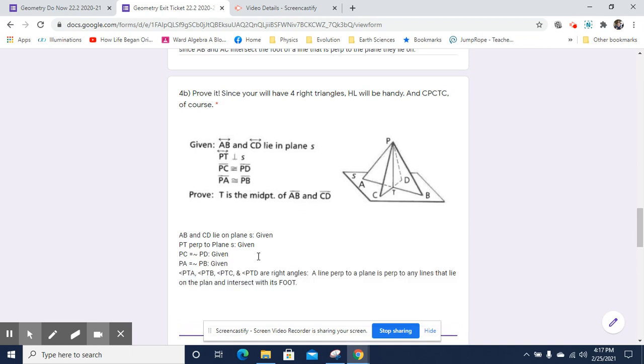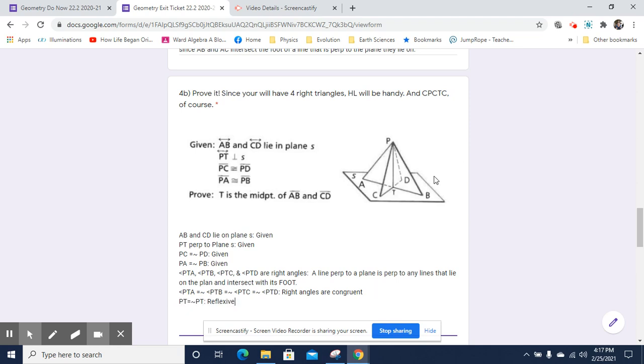So let's see what we can work out beyond that. Well, I'm going to go ahead and add in that line. PTA, PTB, PTC, and PTD are all right angles because a line perpendicular to a plane is perpendicular to any lines that lie on that plane and intersect with its foot. Okay, now because they're all right angles, angles PTA, PTB, PTC, and PTD are congruent because right angles are congruent.